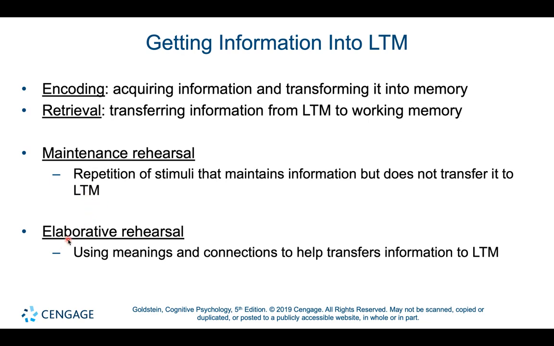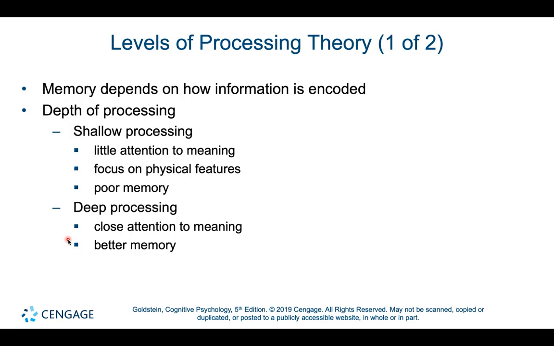However, if we engage in something known as elaborative rehearsal, then we have a much better chance of transferring that information into long term memory. You also see this called deep processing.